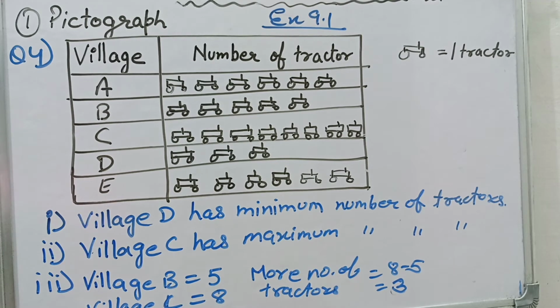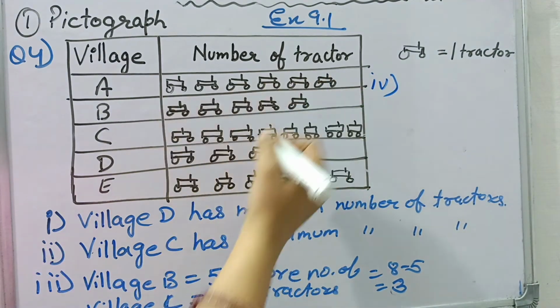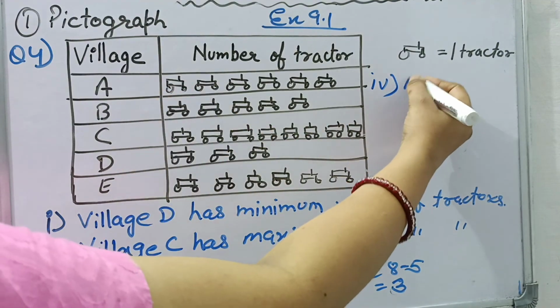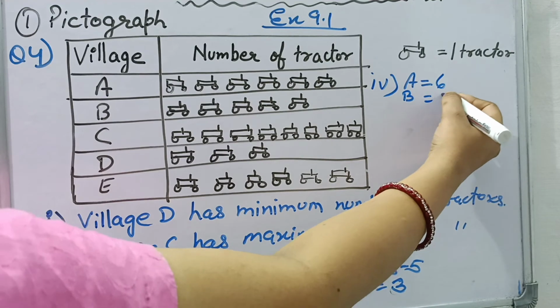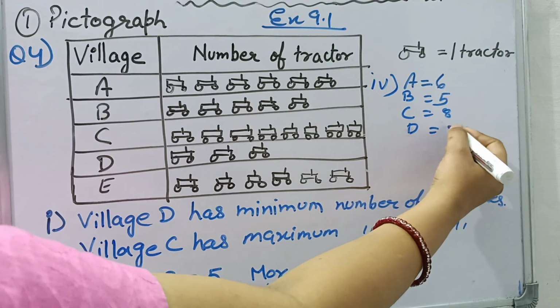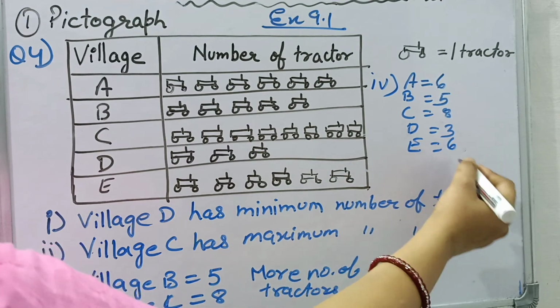Now the last question is, what is the total number of tractors in all the 5 villages? That means we have to sum up the number of tractors in all 5 villages. We can count them, or we can directly add the number of tractors. Village A has 6 tractors, B has 5, C has 8, D has 3, E has 6.